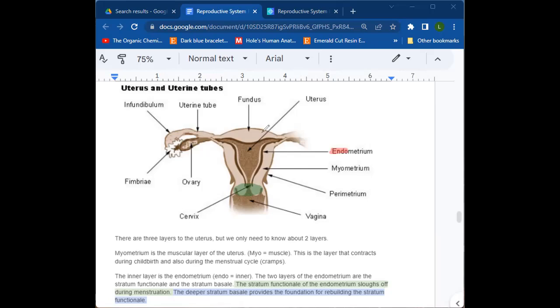There are two sublayers to the endometrium. There's a stratum functionale, and then a stratum basale. The stratum functionale is the layer that gets shed and torn down during menstruation.